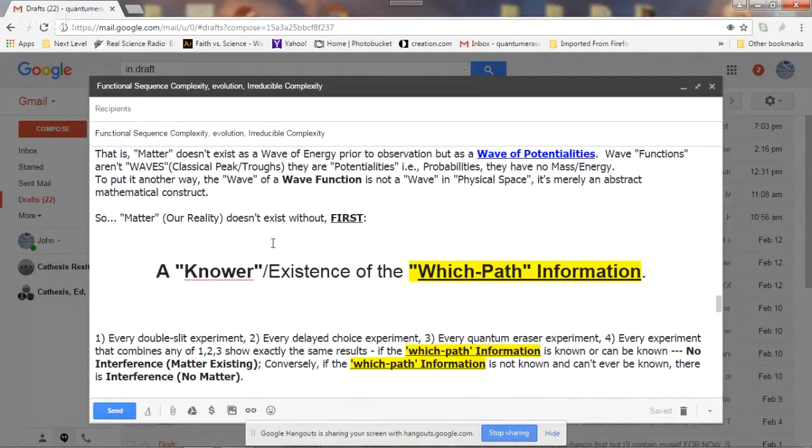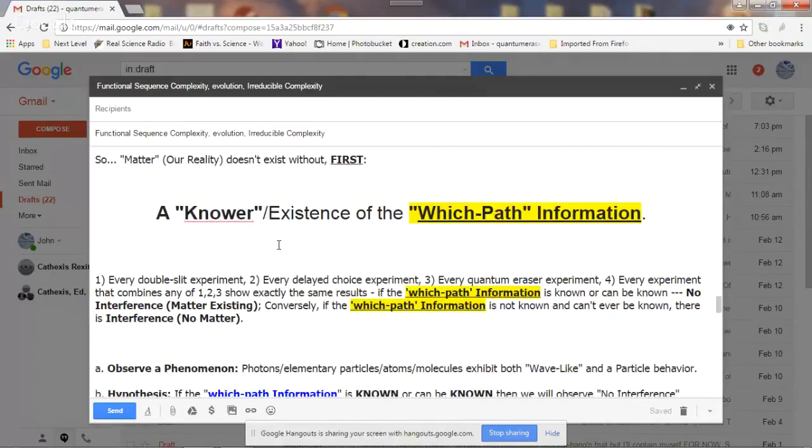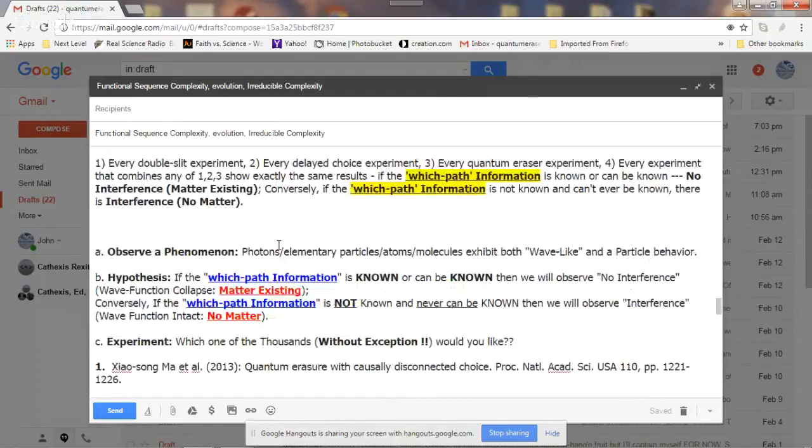So matter, our reality, doesn't exist without, first, a knower or the existence of the which path information. Every double slit experiment, every delayed choice experiment, every quantum eraser experiment, every experiment that combines any of 1, 2, or 3 show exactly the same results.